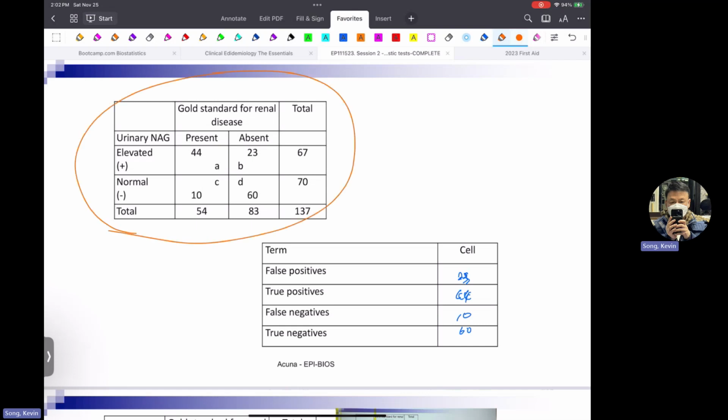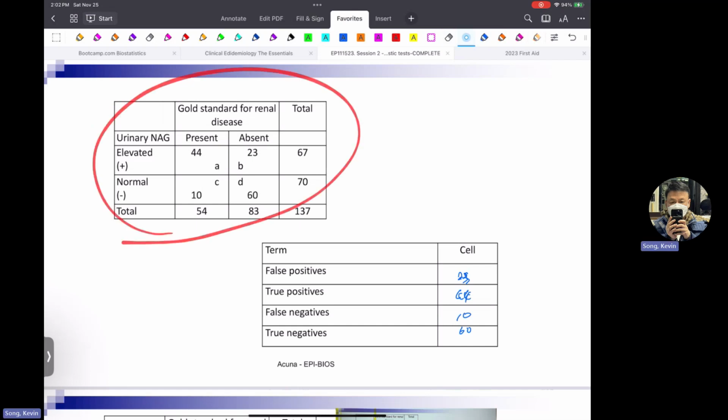So we have a 2 by 2 table here, which has the true positive, the false positive, the false negative, and then the true negative, right? So you all know this. Now let's review what these values are.